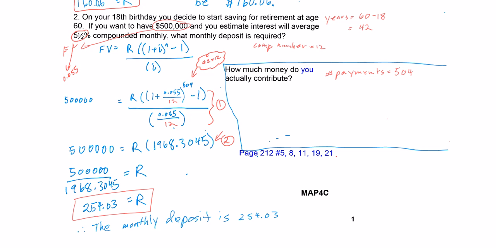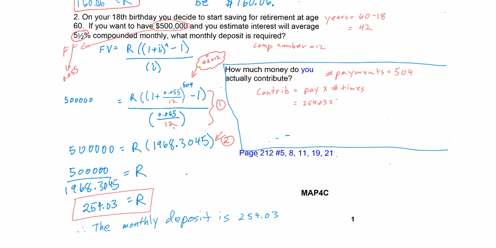Now, remember what I said earlier: a contribution is how much money you paid over the time. So I'm going to call this contributions, also known as contrib, equal to the payment times the number of payments. In this case, we made 504 payments, and the pay that we make each month is 254.03.